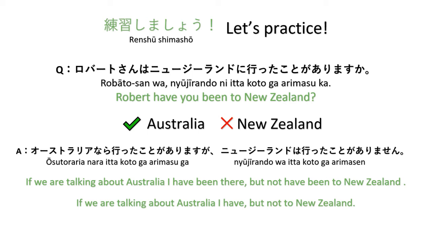If you will notice in the second phrase, before New Zealand, we use wa instead of ni, because of the negative form of the verb. So it is okay to use wa here.